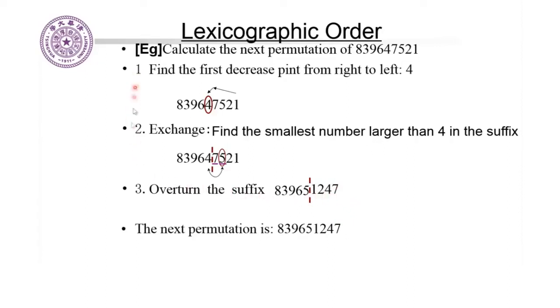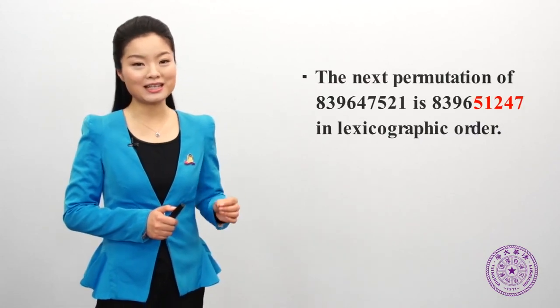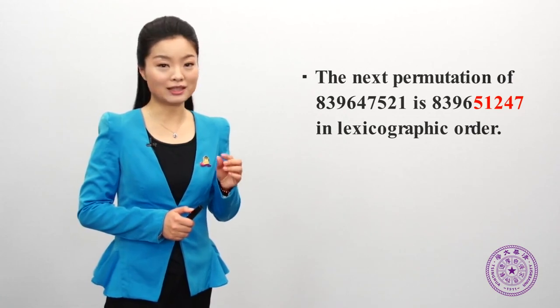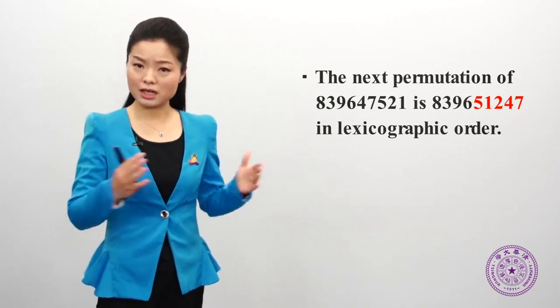So we could perform these three steps and get that the next permutation of this one is that one. We just calculated that the next permutation of this string is 839651247 in lexicographic order.